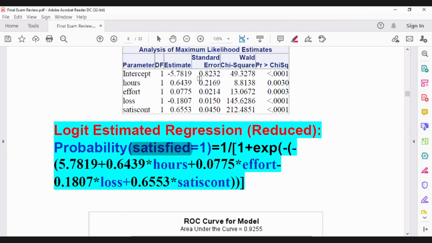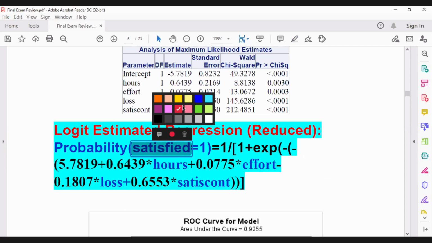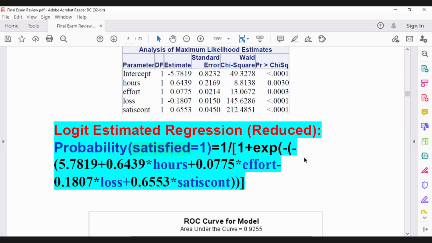So probability of y equal to 1 is equal to 1 over 1 plus exponential of minus intercept plus B1 hours plus B2 effort plus B3 loss plus B4 satiscounts. The interpretation is like the previous one.